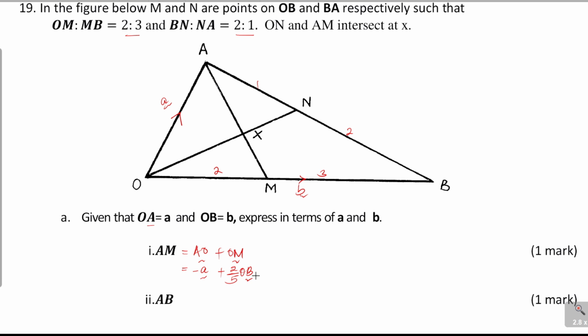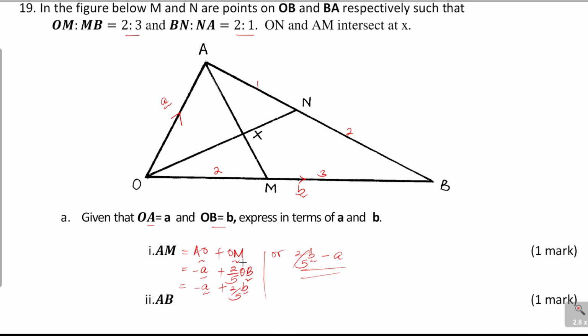Now from here, you have negative A plus 2/5 OB. Remember, OB is B. So you can write it like that, or you can simply leave it as 2/5 B subtract A, which is the same as negative A plus 2/5 B.